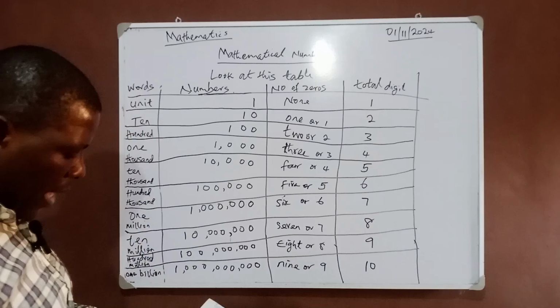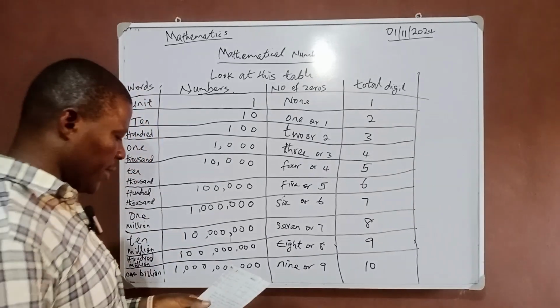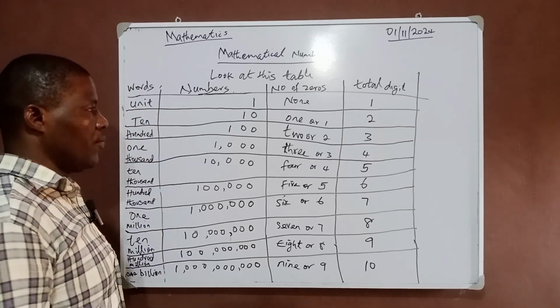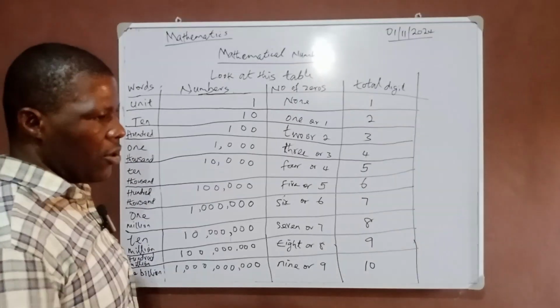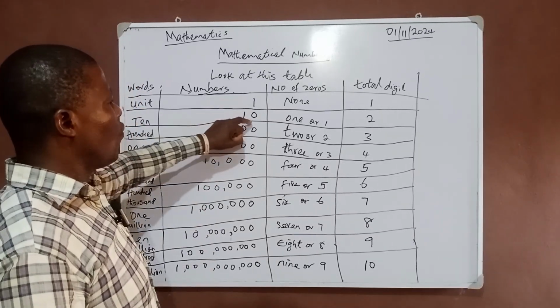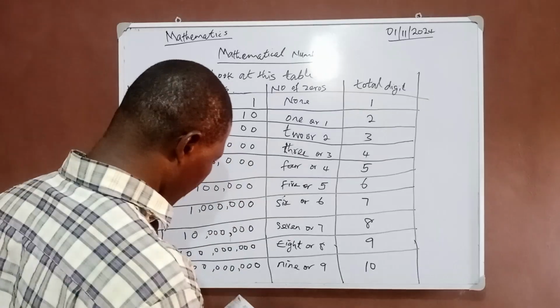So, with this analytical table, any child or any person can actually count positive numbers to 1 billion without making any mistake. It's all about adding one zero or one figure to the letter that you have.